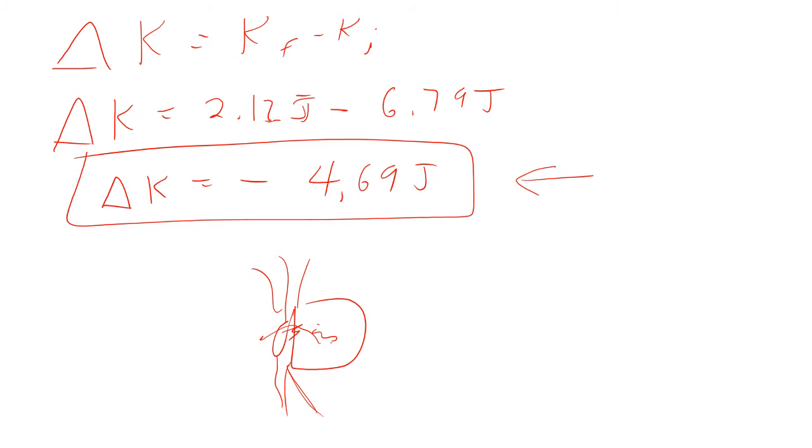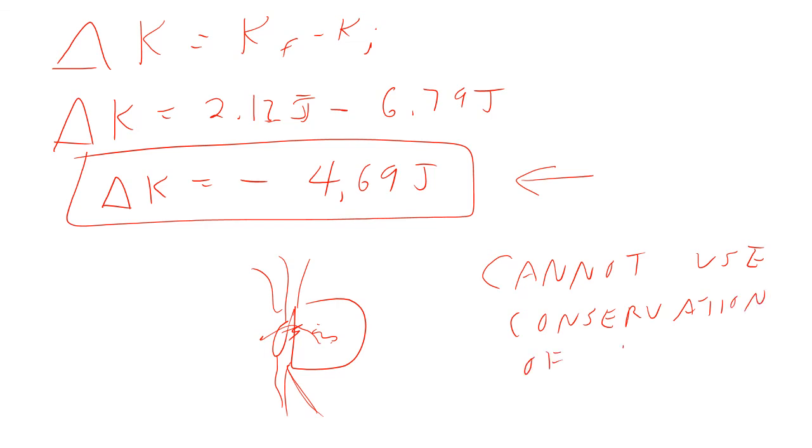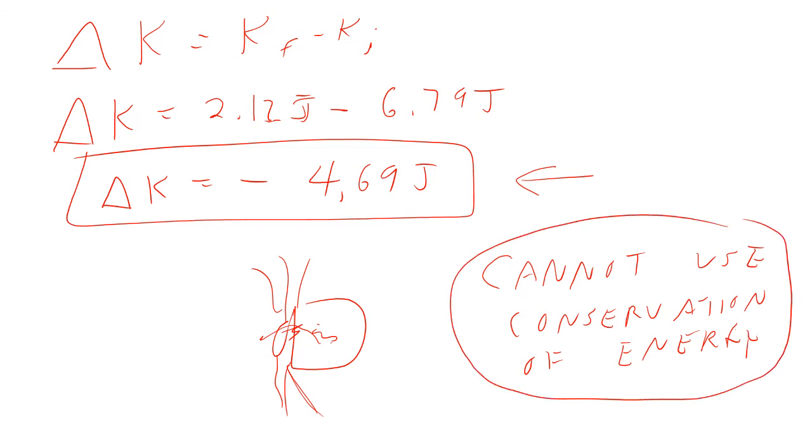This means, and this is very important, in solving a problem of this sort, you cannot use conservation of energy to solve the problem, because some of the energy is going places that you're not looking.